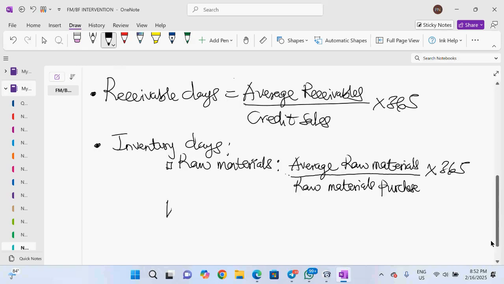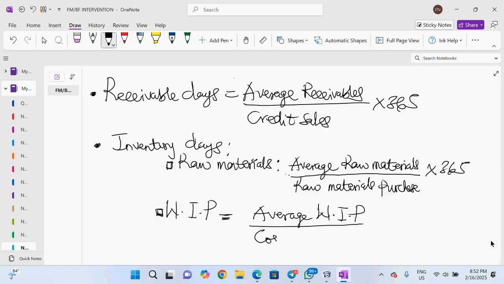Your inventory can also be work in progress, which is semi-finished goods. The work in progress days is the average work in progress over the cost of production times 365 days.